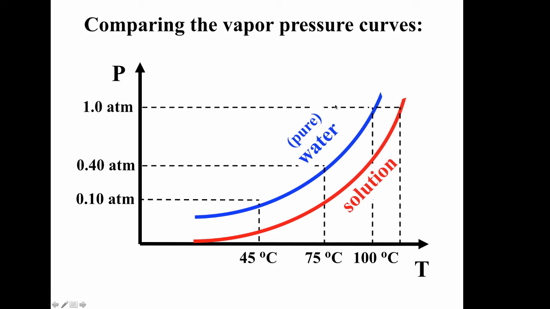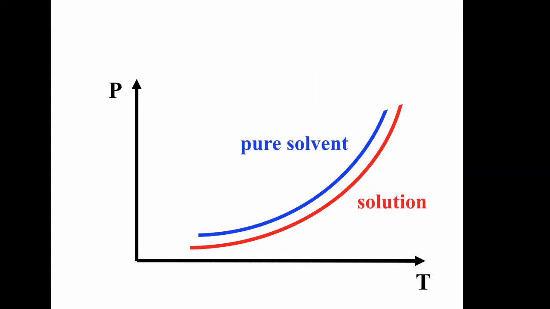But to reach a vapor pressure of 1 atmosphere for the solution requires us to go to a higher temperature. And so the boiling point is raised or elevated because the vapor pressure of the solution is lower than the vapor pressure of the solvent, and a higher temperature is needed to reach the same vapor pressure as we had for water or whatever the solvent is for boiling to occur.